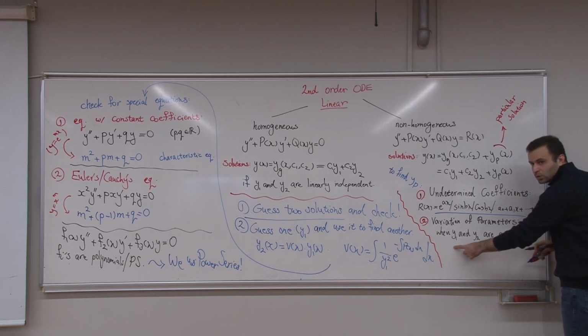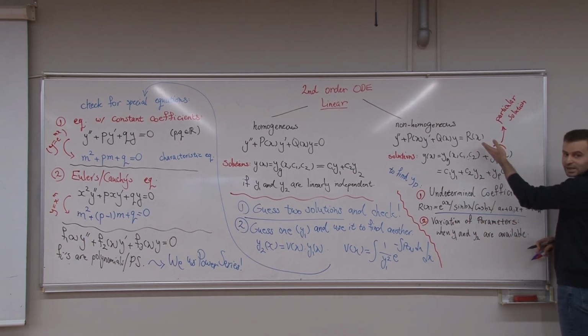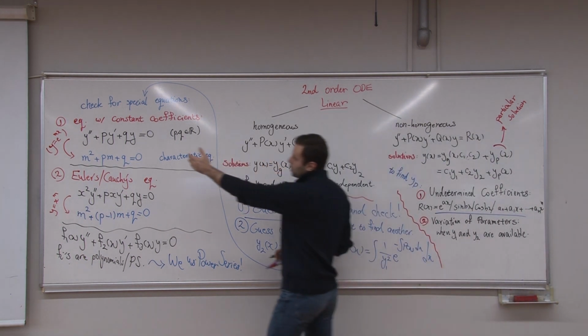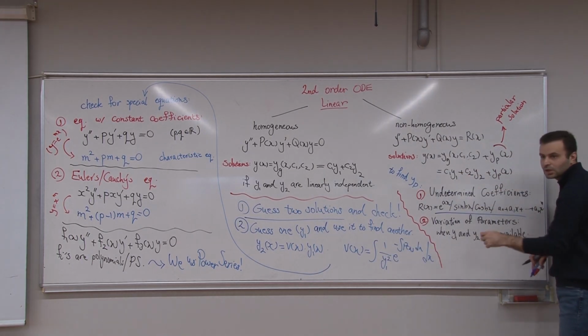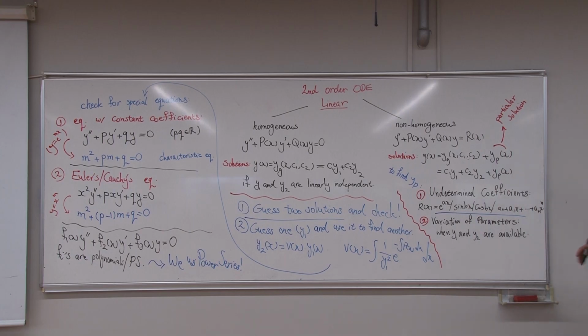If y1 and y2 are available, you can also use this for the general case as well. But when our equation is an equation with constant coefficients, we already know what y1 and y2 are, and we can immediately write those formulas and figure it out. I have no place to review them. Also, I need to just derive them because I haven't memorized all of those formulas. But yeah, you know what the case is.